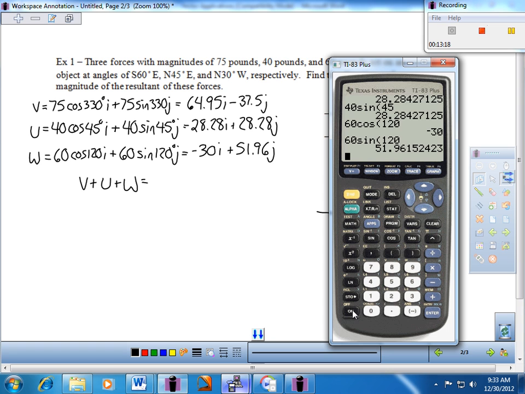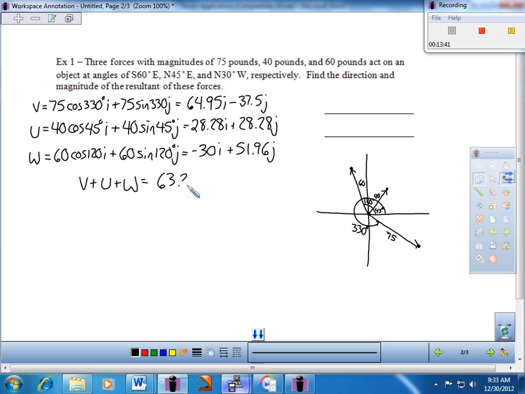Let's see what we have going on the horizontals. 64.95 plus the 28.28 and then minus the 30. And so we get about 63.23. I'm going to write that in there lest I forget: 63.23i. Excellent. So we are adding them all together.